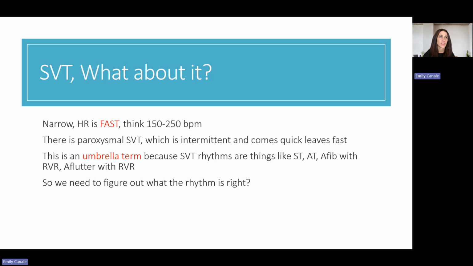So think about overall treatment: it is based on the symptoms and the underlying rhythm. The key is to figure out the underlying rhythm while slowing down the heart rate. If the patient is symptomatic, then we're going to use certain medications and we could consider cardioversion, but we want to be very careful with that consideration because we don't know the underlying rhythm.